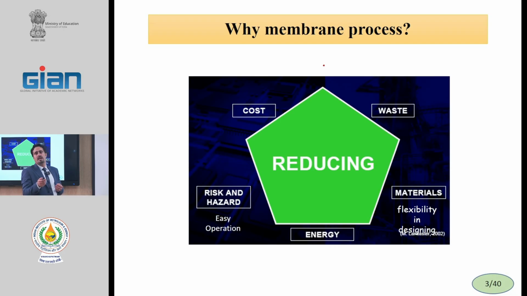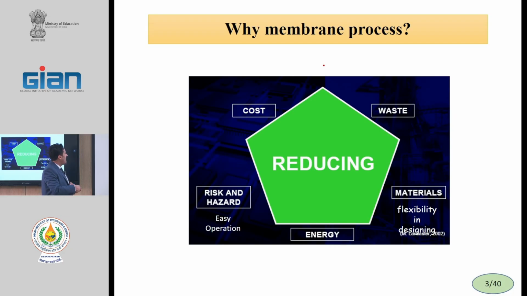For example, in an absorption column, we use amine solutions for absorption of carbon dioxide. This amine solution can leak to the atmosphere and is dangerous. But in membrane processes, we have no dangerous additives or dangerous gases, and therefore, generally, the membrane process is environmentally friendly.